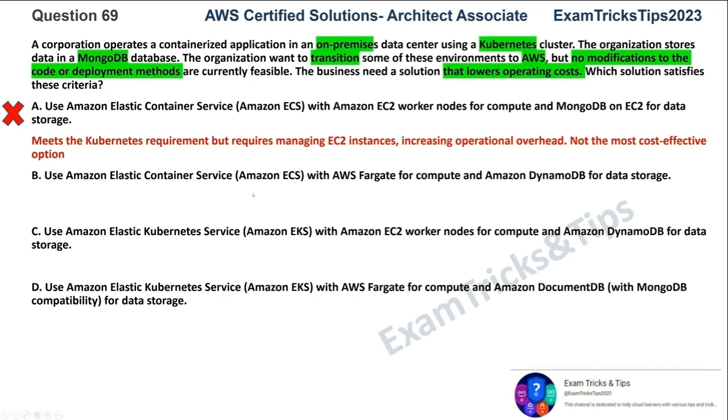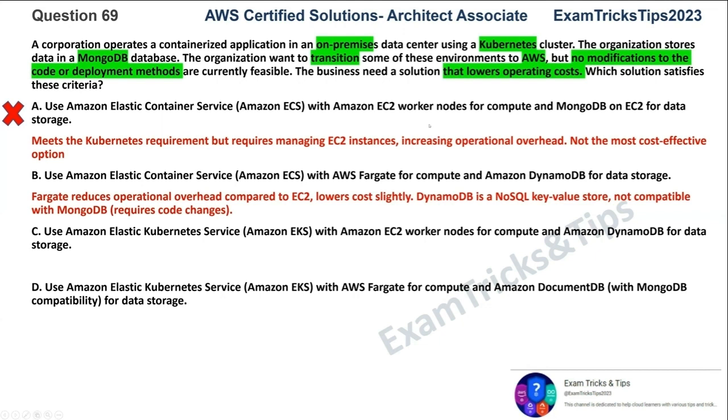But the second part, which is the database choice, DynamoDB is a NoSQL database, and it's not compatible with MongoDB, which is document DB storage, and it's not going to work. And if you have to make it work, obviously it will need a lot of code changes. And we have a requirement here that we don't want any modifications to code or deployment method. So option B is ruled out for the choice of database in this case.